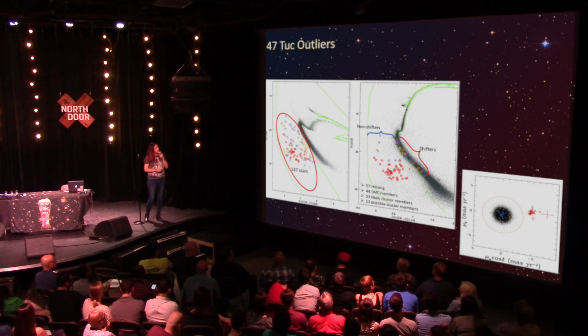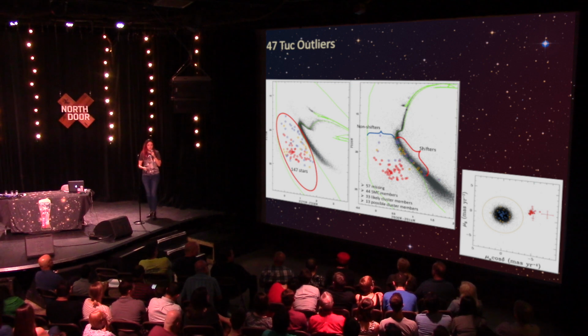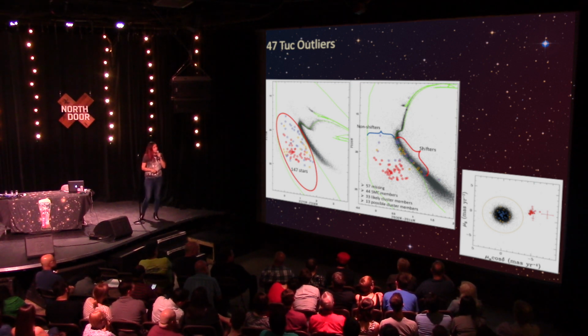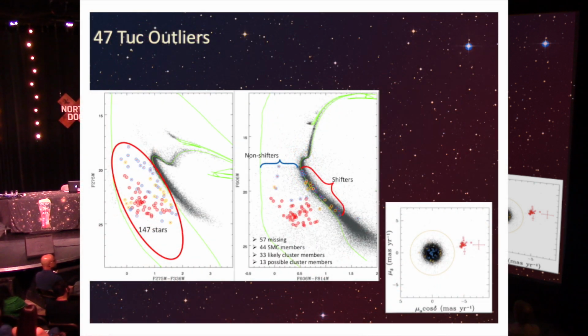And we know that the other ones, circled in blue and yellow, belong to the cluster, and they are in this odd position, behaving this weird way. So what I did was, okay, the ones that are always in the gap, no matter if I look in a visual color or in ultraviolet, I call them non-shifters.